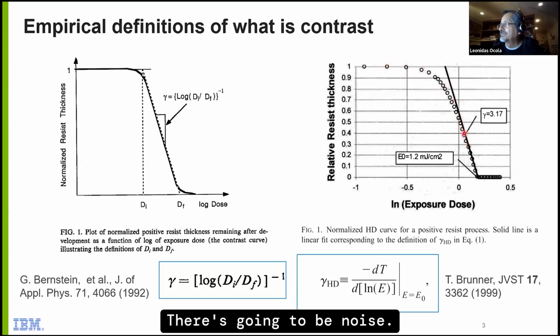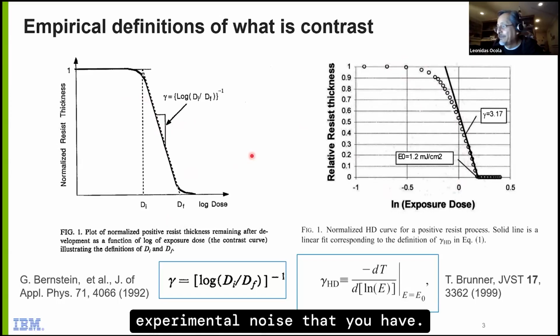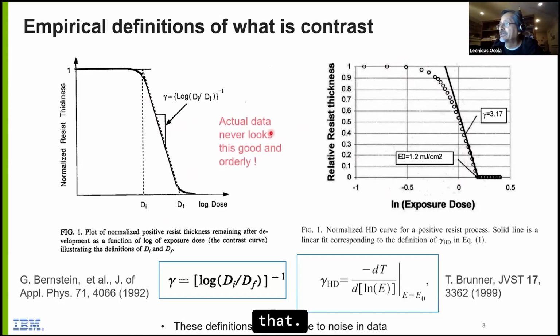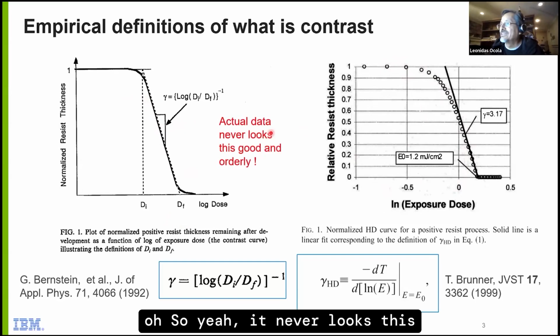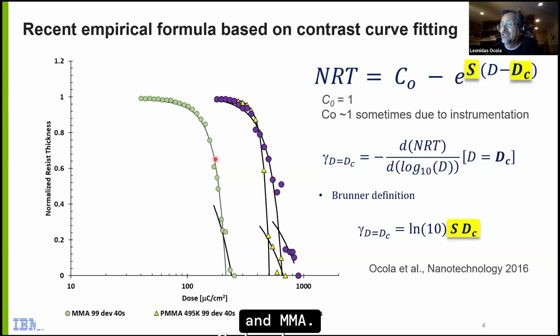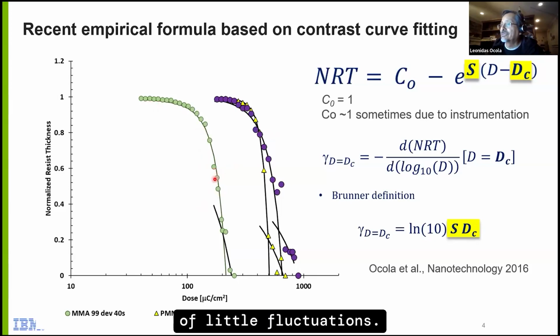There's going to be noise, and then you have to ask yourself which data points to pick to select this slope. A log slope is very sensitive to any experimental noise that you have, and I'll show you what I mean. It never looks this nice. So here's some real data on a PMMA and MMA, and you have little fluctuations.